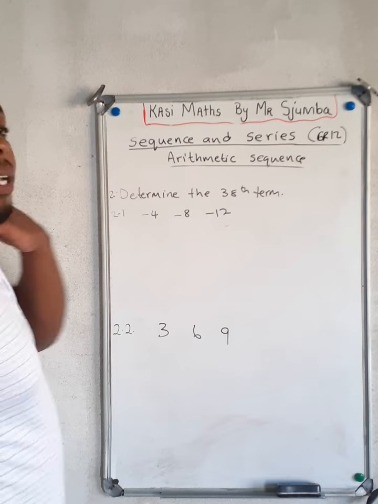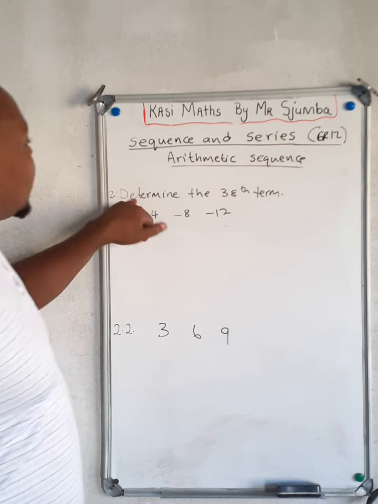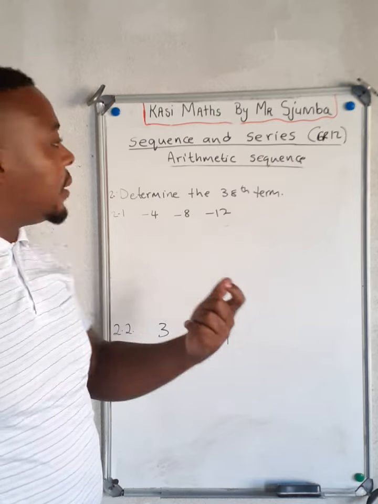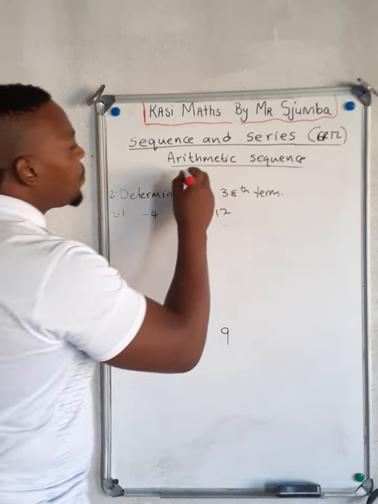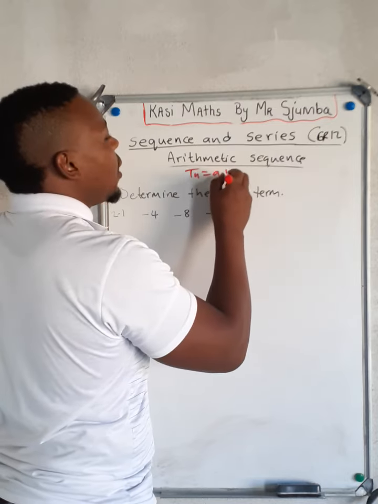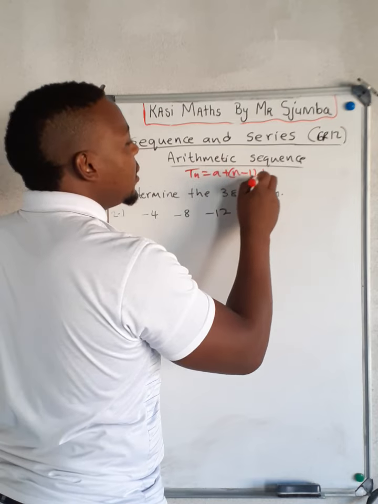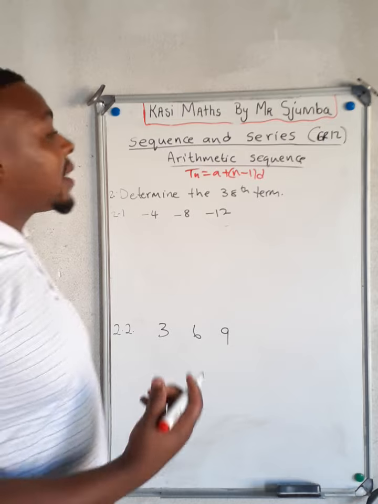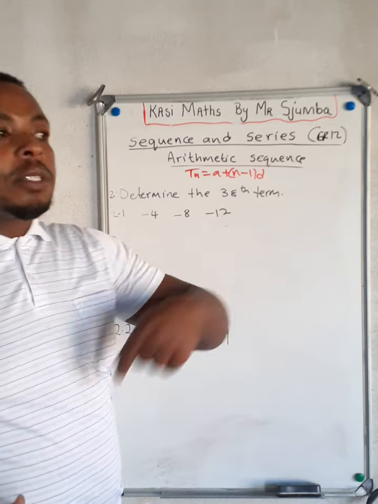Another question: we should determine the 38th term, so it's going to be T38. We have the formula Tn is equal to a plus n minus 1 d. So we're looking for T38. First we must get the nth term, and then we substitute 38.